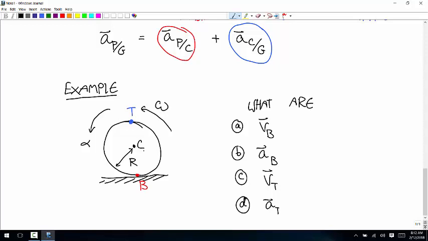So if you had to think about what it means for something not to be slipping, what does it mean for that point on the bottom if it's not slipping? Well, one of the things it means is that whatever the velocity of this point is on the ground, that has to match the velocity of the point that's in contact with it, right?